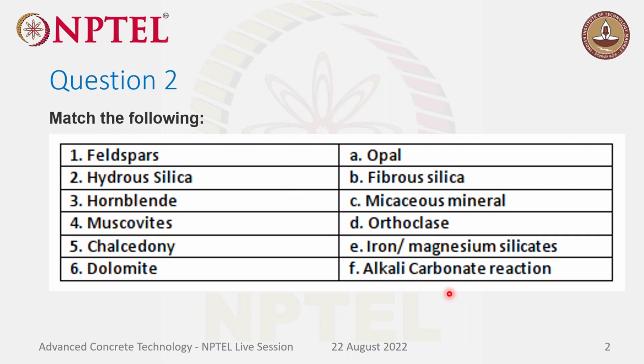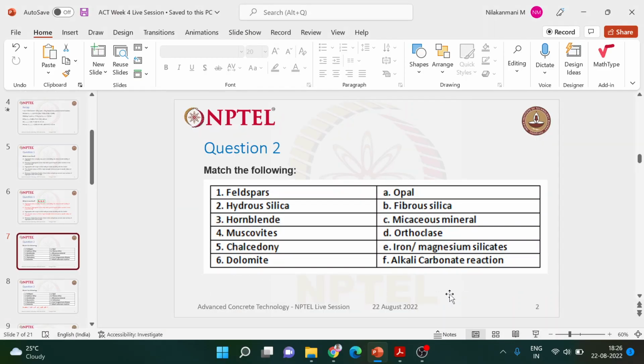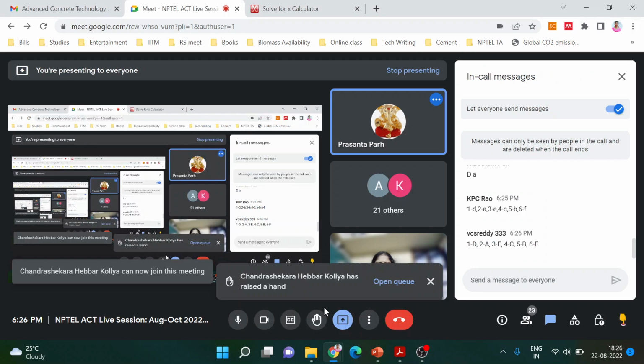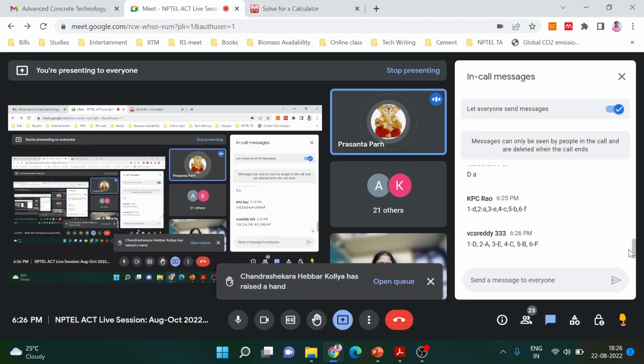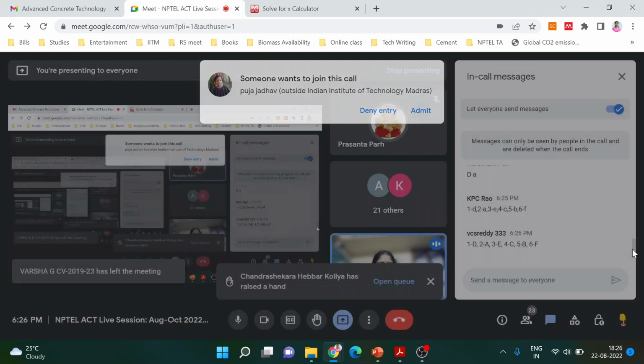Shall we stop sharing the screen, or is someone still answering? Stop sharing the screen. Only two of them have given an answer. Do you need some more time?